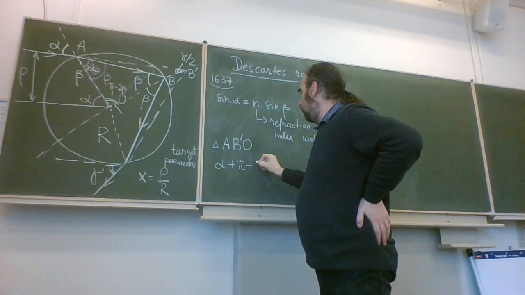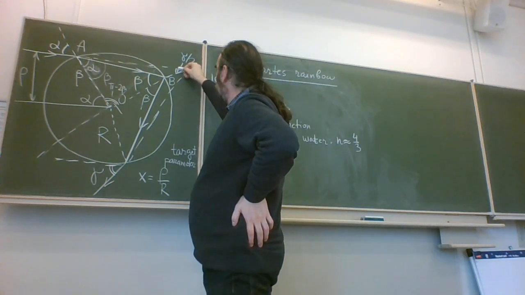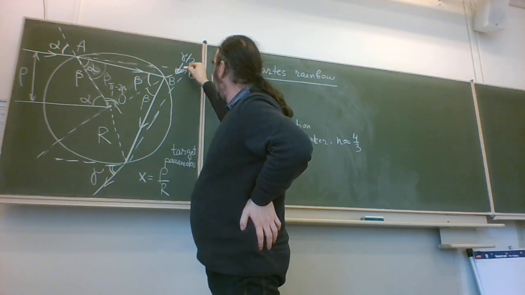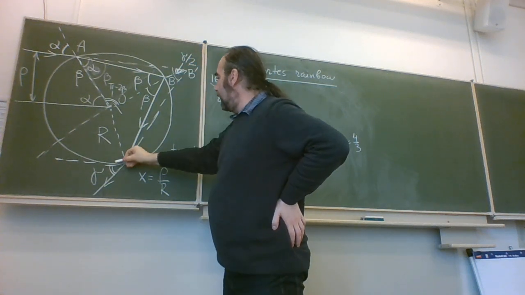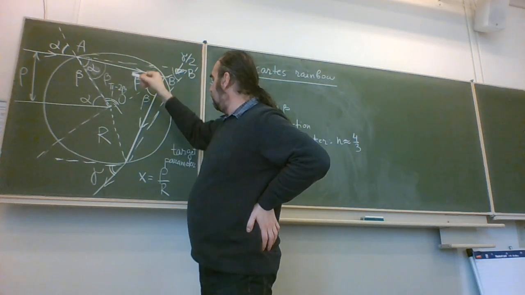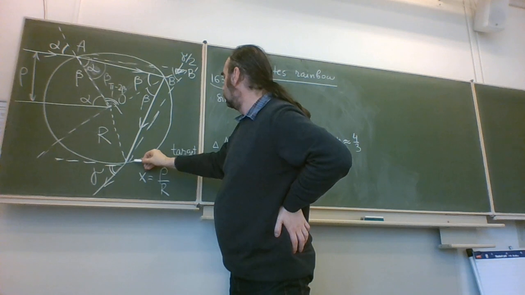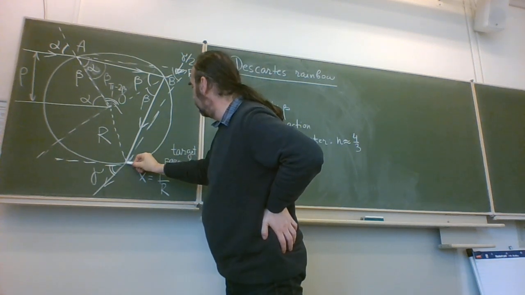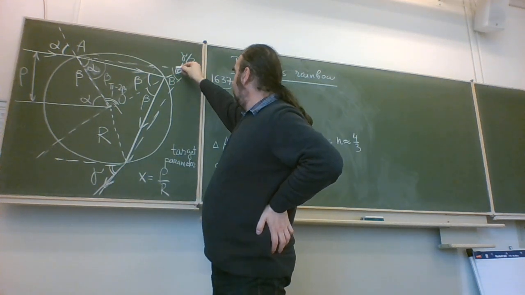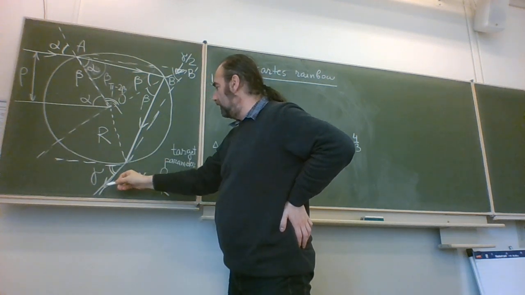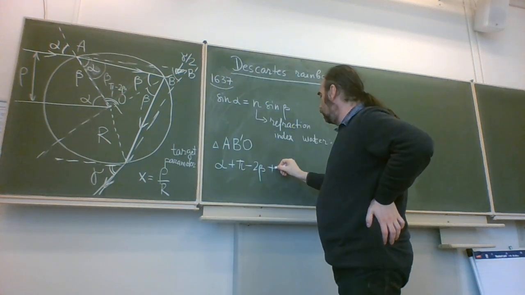Now this angle is half of this angle. But this angle is gamma, because this is horizontal, so this is parallel to that. It's not a very good drawing, but this line continues here. So the angle between this line and this line is the same as between this line and this line. So this is half of that, so this is gamma over 2.